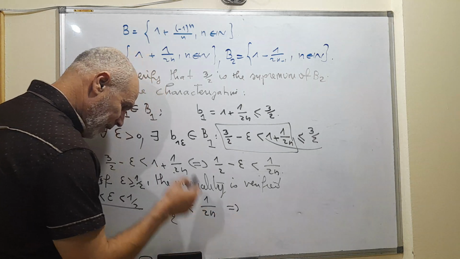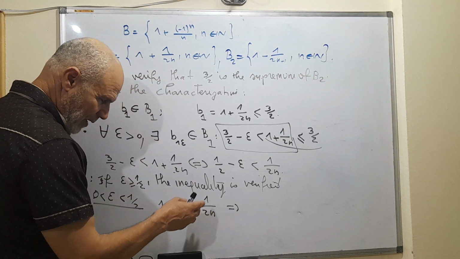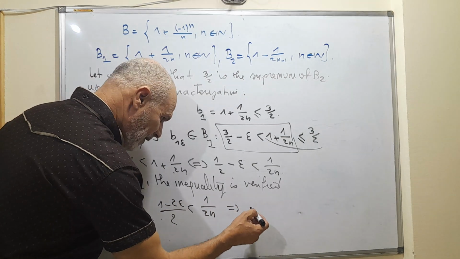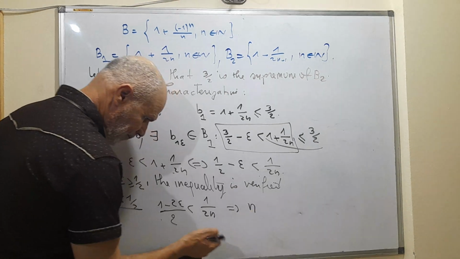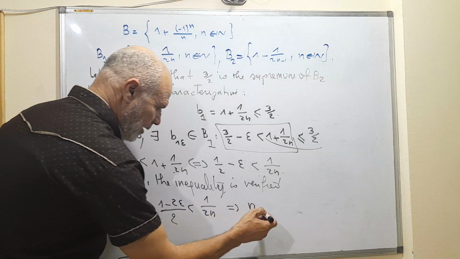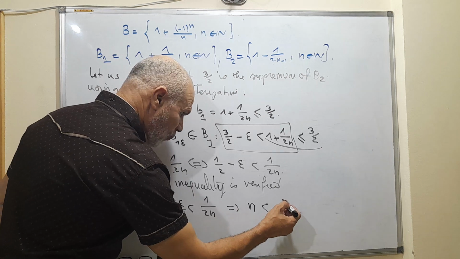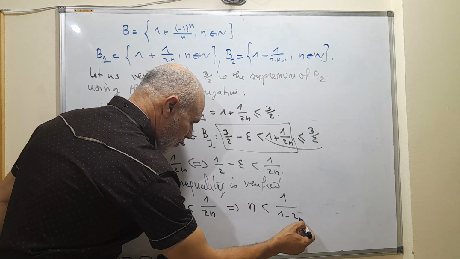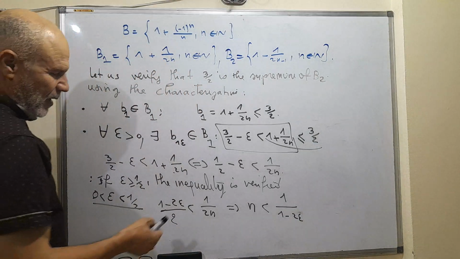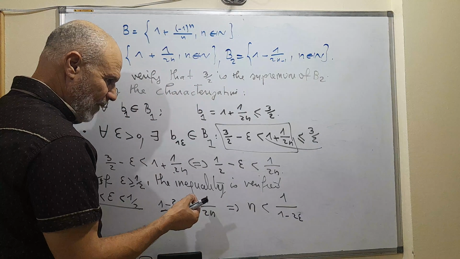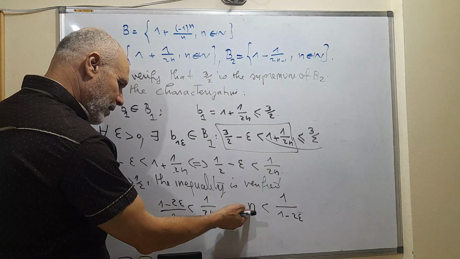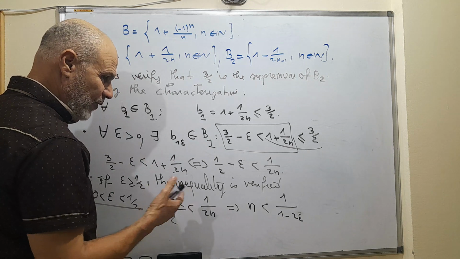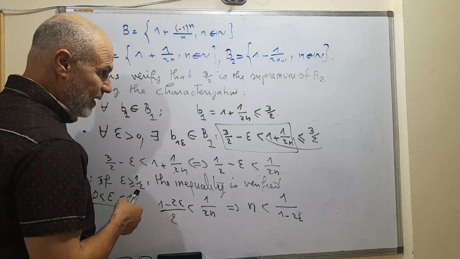So we get n less than 1 over 1 minus 2 epsilon, reversing the inequality. Does such a natural number exist? We have to prove this or disprove this.